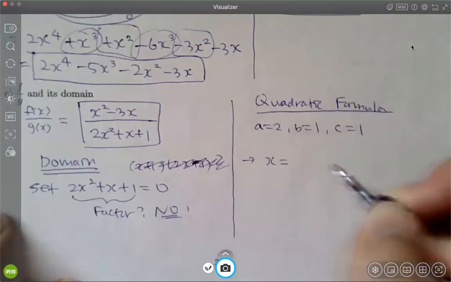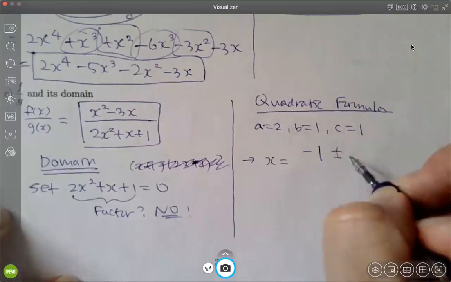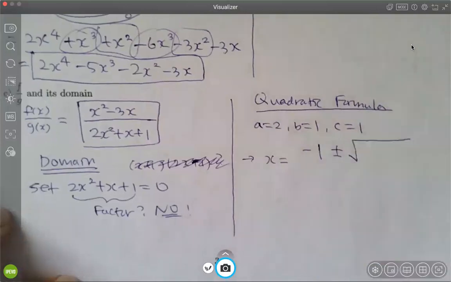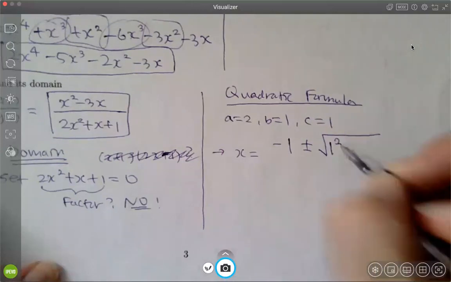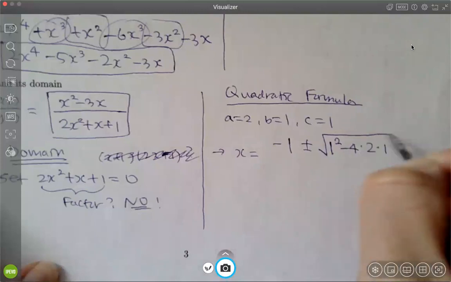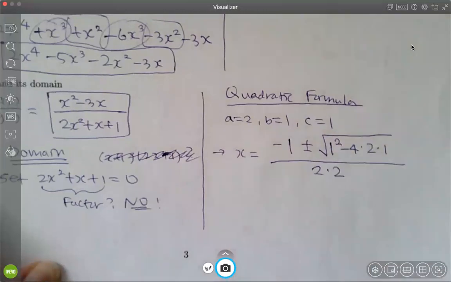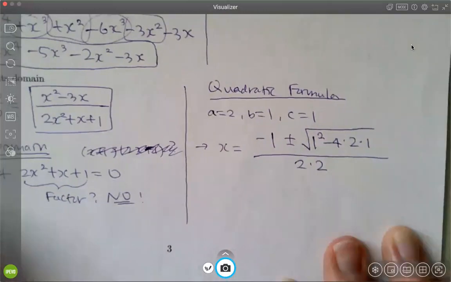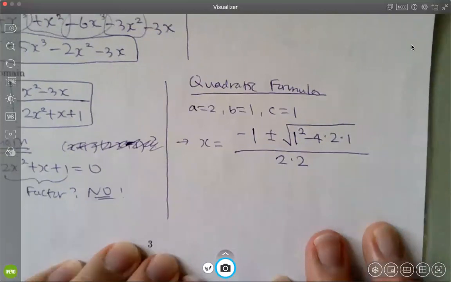X is equal to negative B, so that is negative 1, right? And then plus minus square root of B squared, so 1 squared minus 4AC, so that's 4 times 2 times 1. And then everything over 2a, which is 2 times 2, right? Okay, so now, what is the number under the square root?